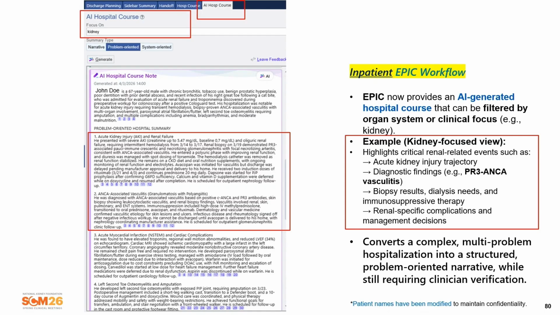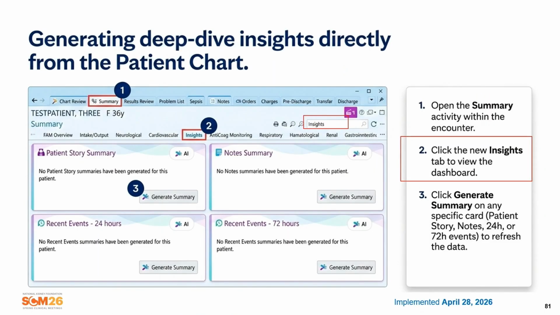But now we have an AI large language model incorporated into inpatient care, and you can put in the kidney question, and now you understand that the patient presented with AKI, was found to have ANCA vasculitis, and had rituximab treatment. This makes me so efficient in providing care for inpatient consults. We just started to incorporate the patient update as well.